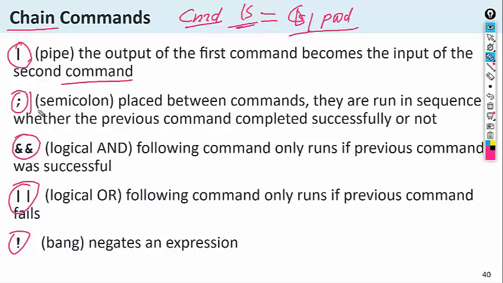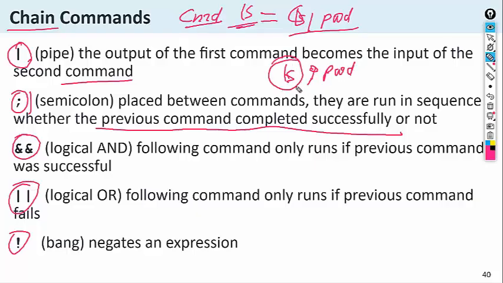If you are using the semicolon, the second command will run whether the previous command completed or not. Means ls semicolon pwd. So even if the ls command is not executing, the pwd command will run. If you are using the double ampersand sign, the logical AND, then it will run only when the first command is executed.